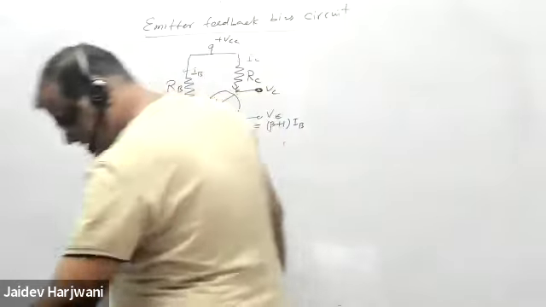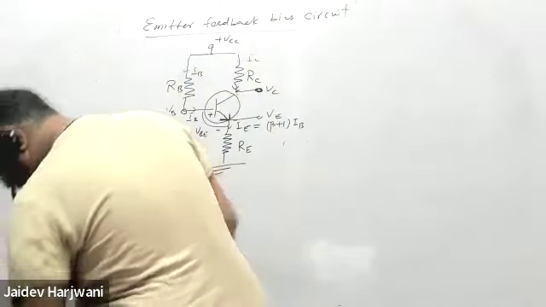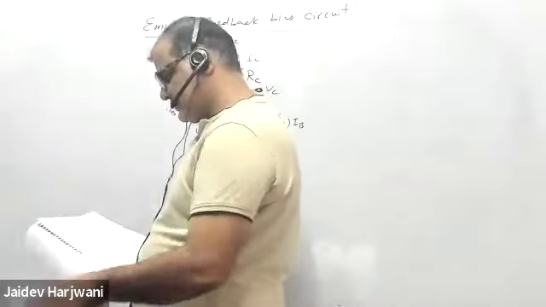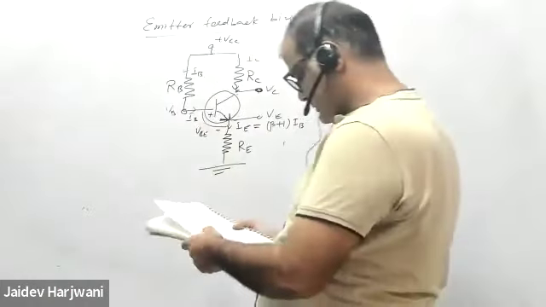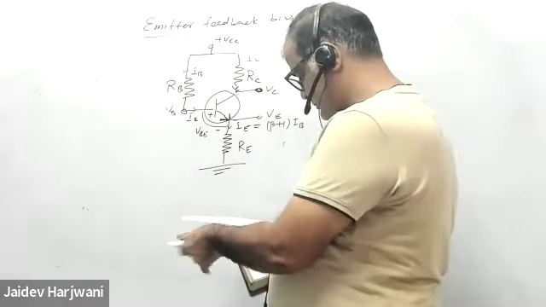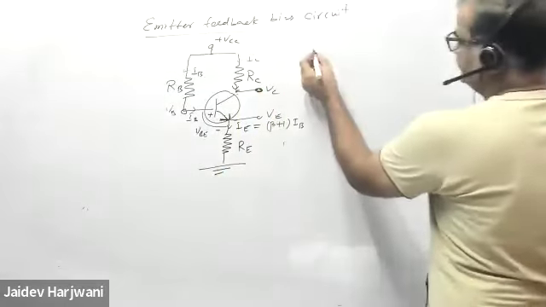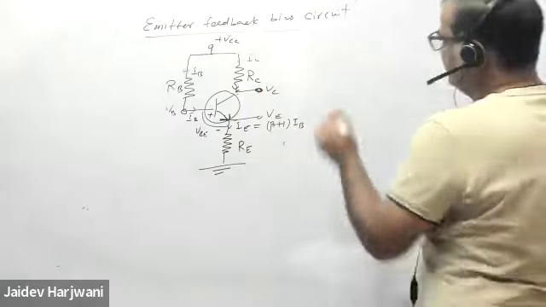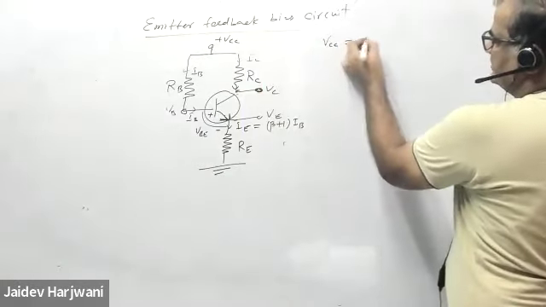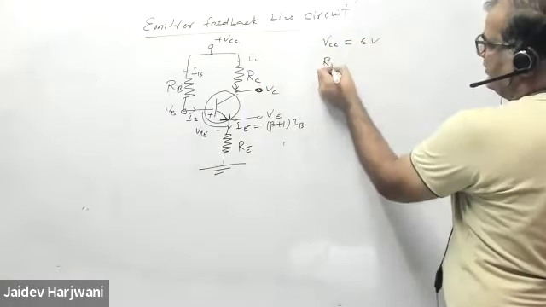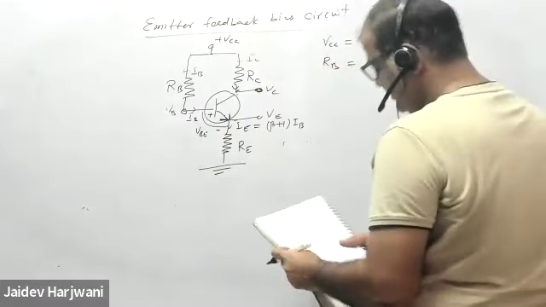So the next, let's say I'm giving some values. VCC is 6 volt. RB is 10 kilo ohm.